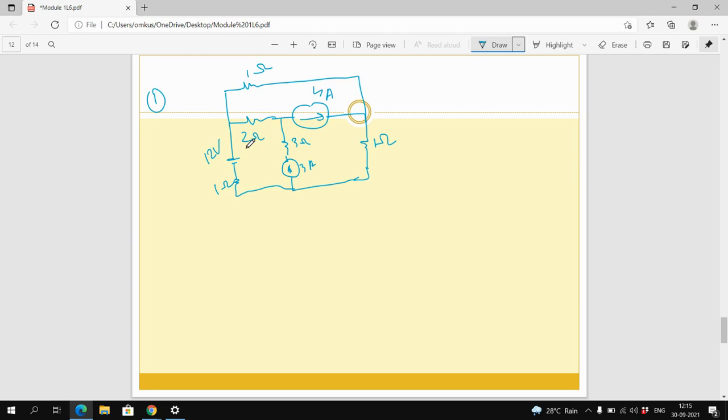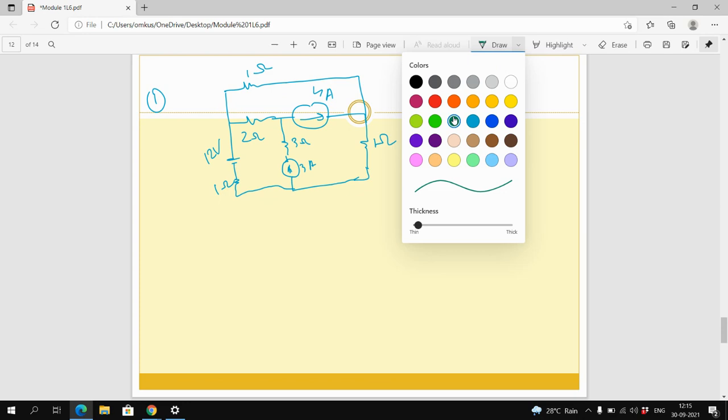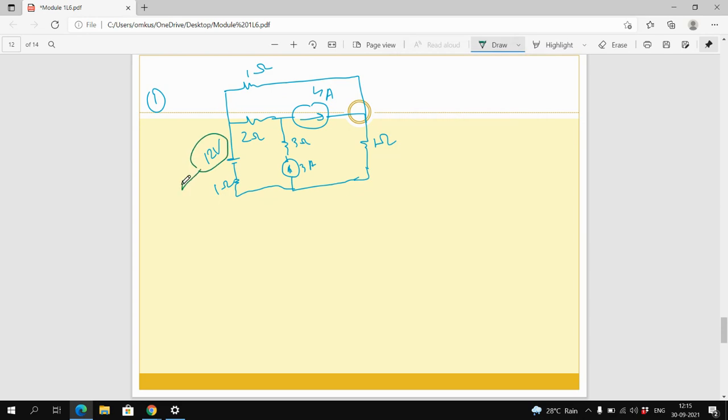Now you have to find out the power consumed by this voltage source, and the answer is 40 watt. Try to solve this problem and match your answer. The answer is 40 watt.